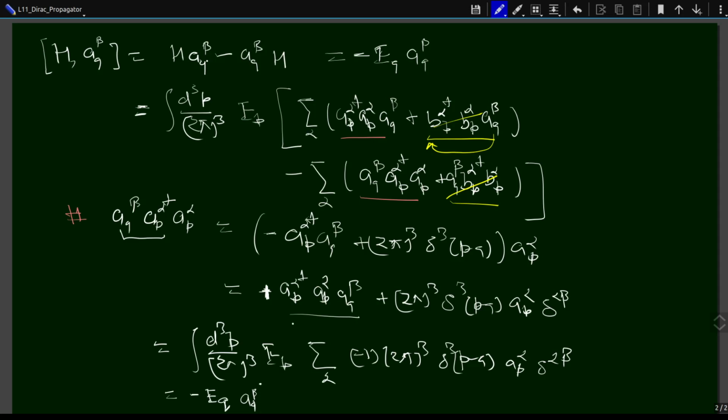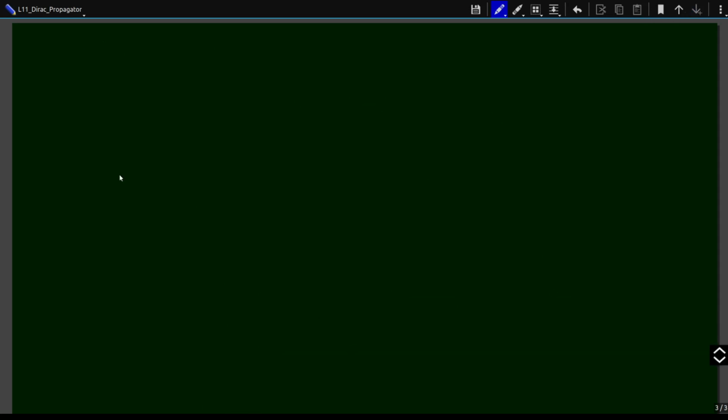So let me first write what I got for the commutator: [H, a_q beta] is minus E_q a_q beta. Without proving explicitly, I am saying that [H, a_q beta dagger] is plus E_q a_q beta dagger.